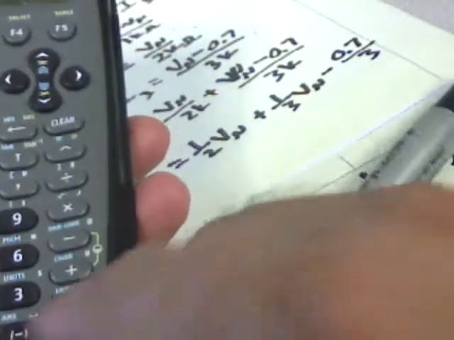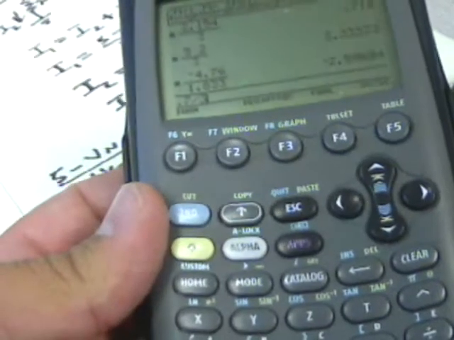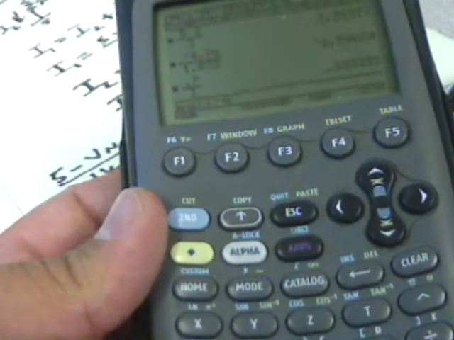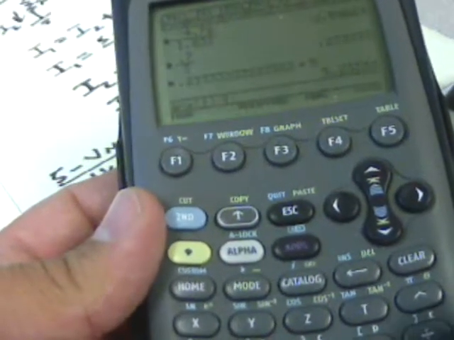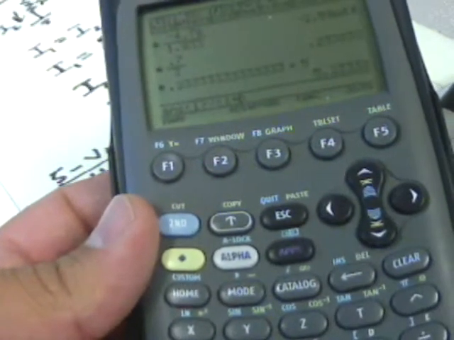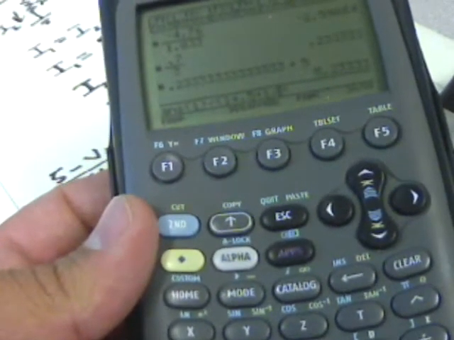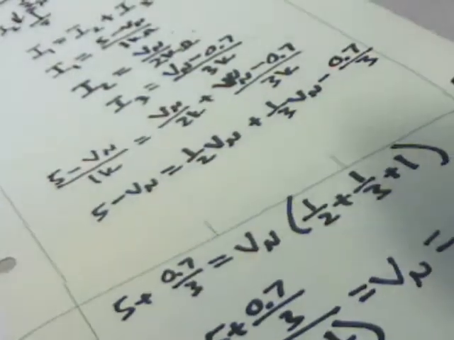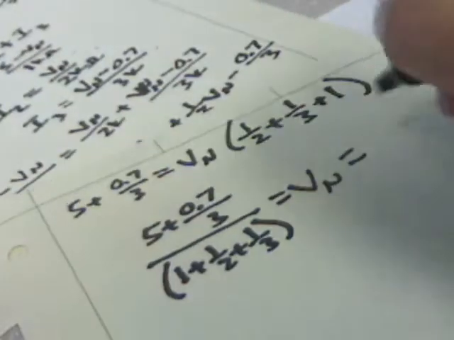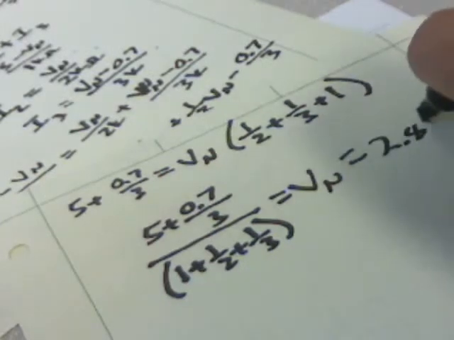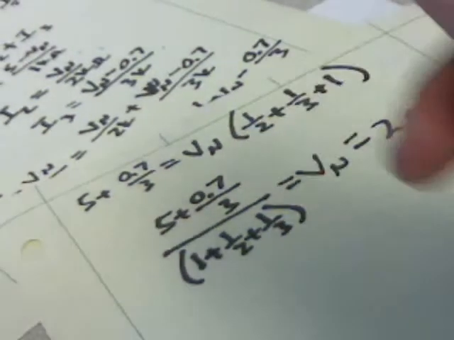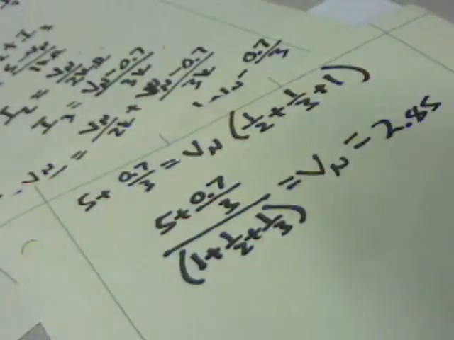It's 0.7 divided by 3 plus 5, divided by 1 plus 0.5 plus 1 divided by 3, 2.85, we'll say. So that is equal to 2.85, and that's Vn.